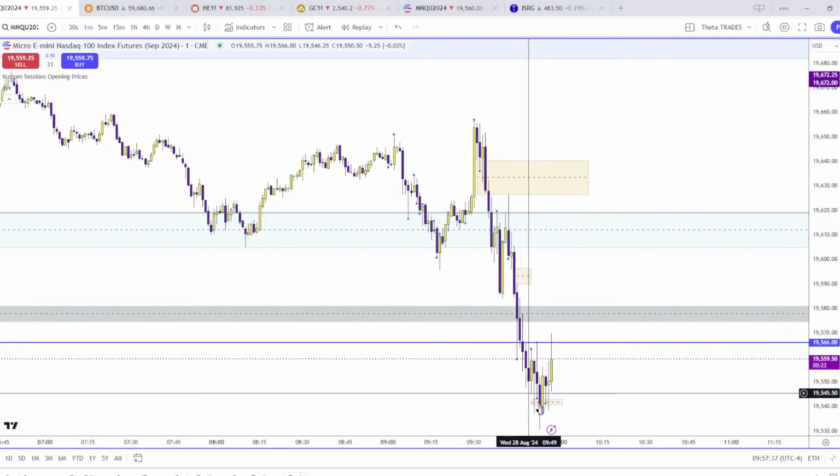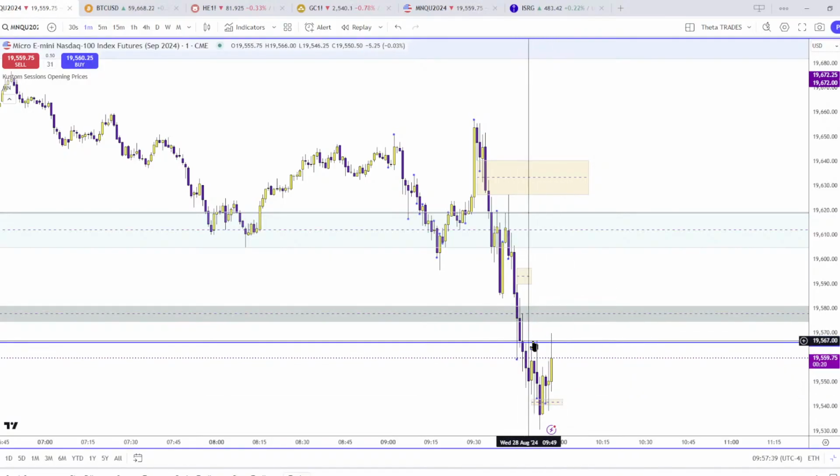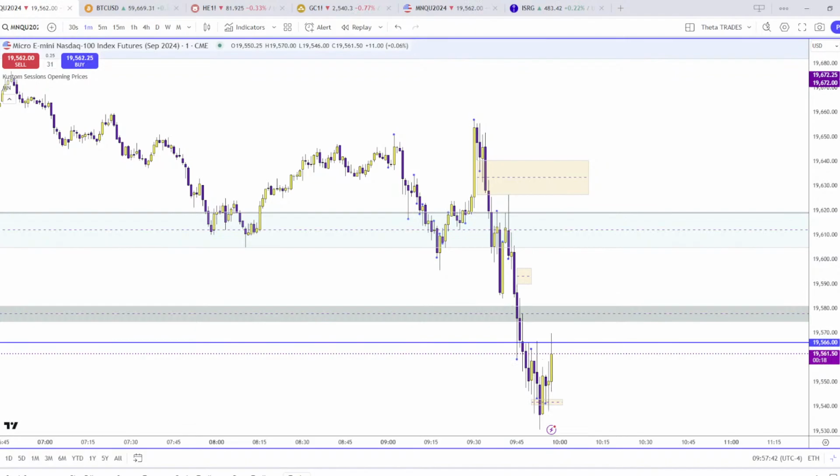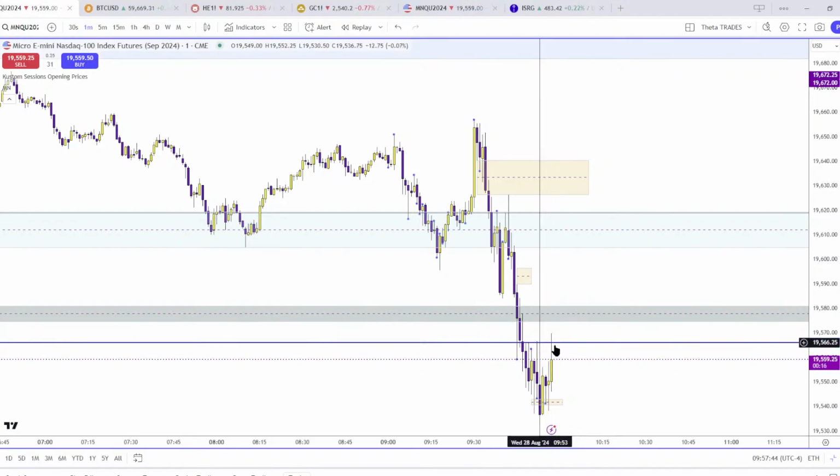So we have this consolidation here. We've broken these old highs. This little high here, I want to see a close above that high though.